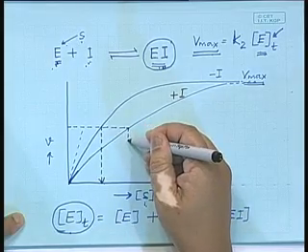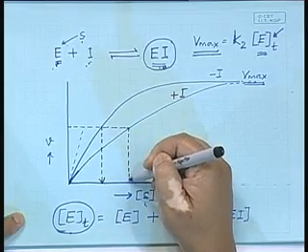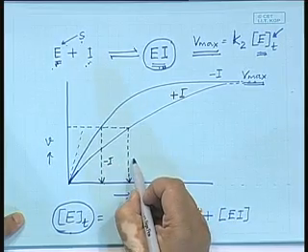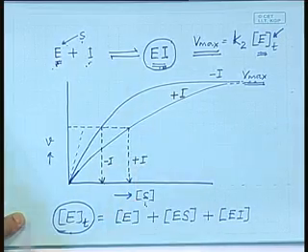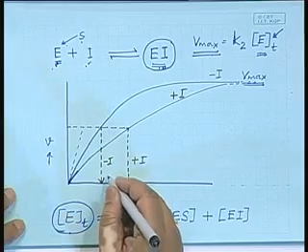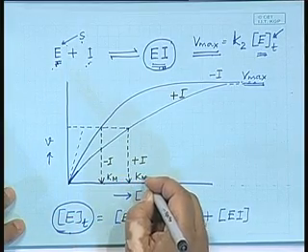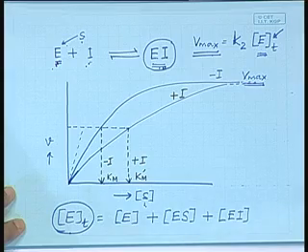This is my Km value with the inhibitor. This is minus I, this is plus I. So, what has happened to my Km? It has increased. So, I put a Km prime for this.